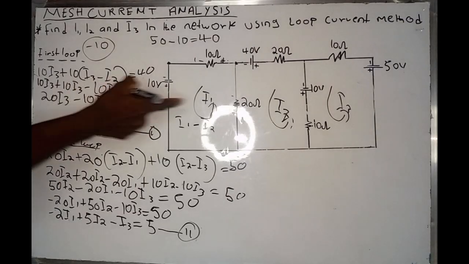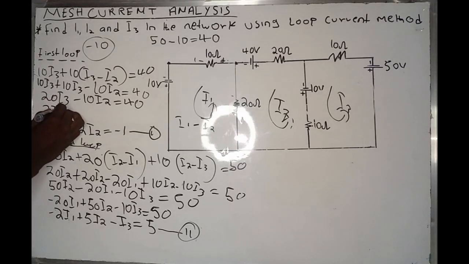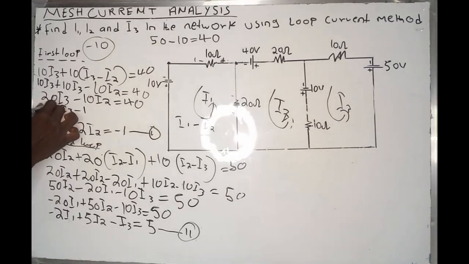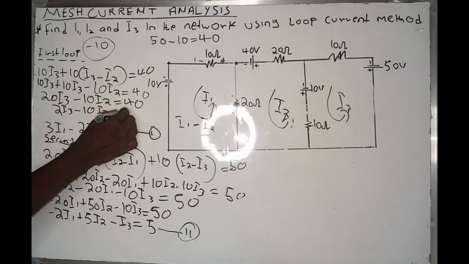So I have to divide both sides by 10. So I will end up having 2 I3 minus 10 I2, which is equal to 40.